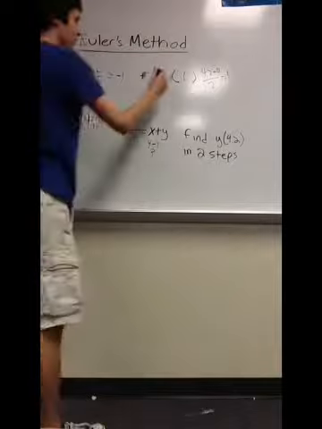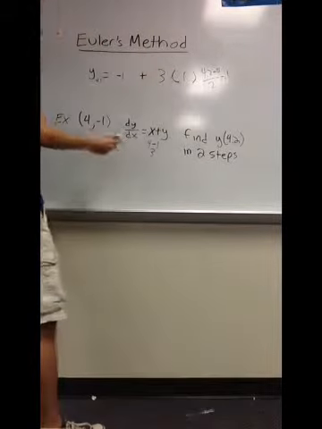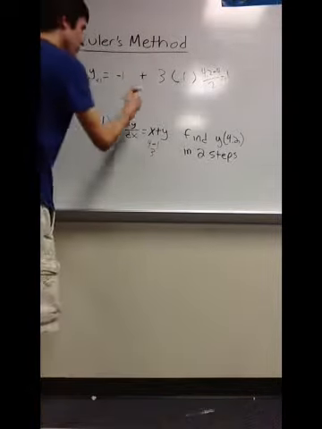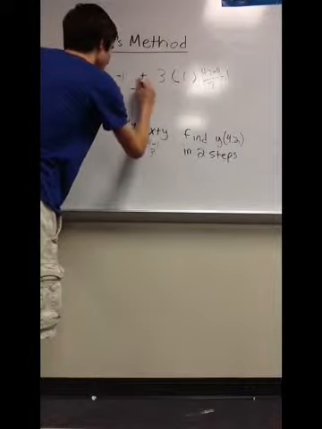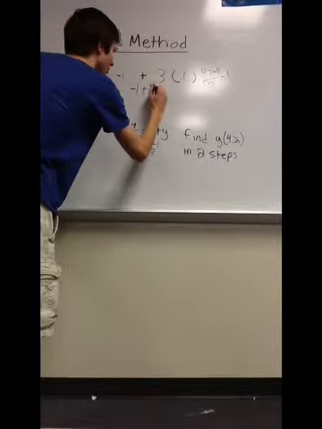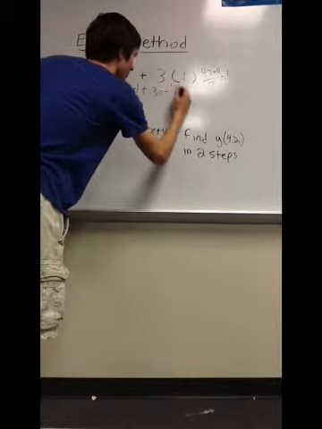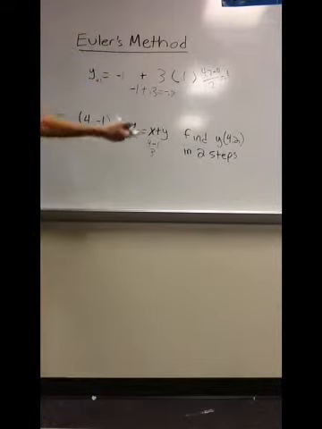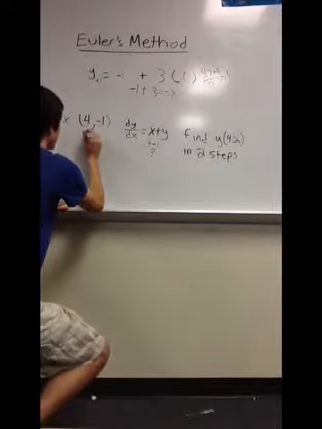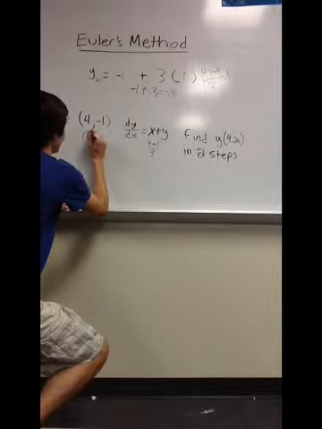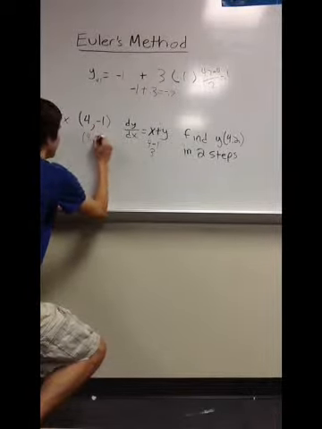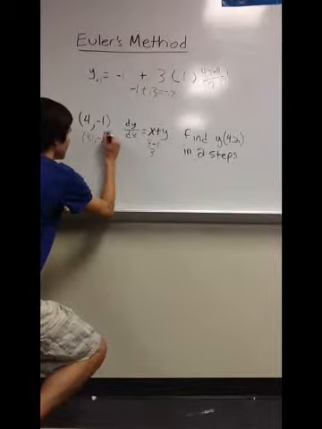So our slope value in this approximation is 3. When you solve that, it becomes negative 1 plus 0.3, which is equal to negative 0.7. So essentially we get a new ordered pair, which is (4.1, -0.7).